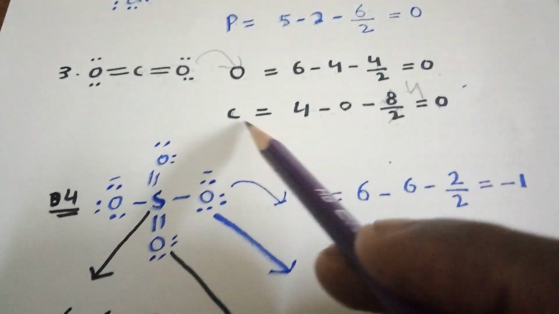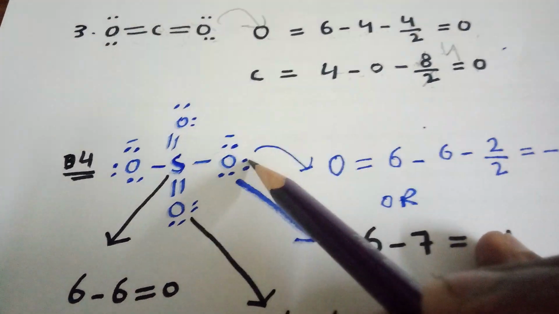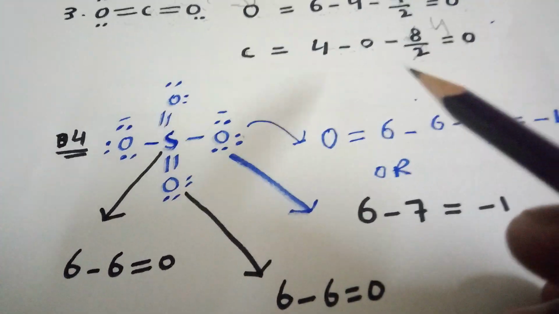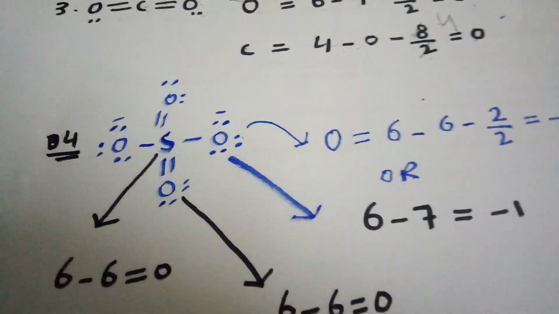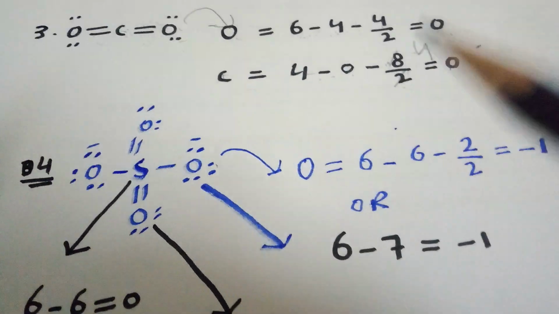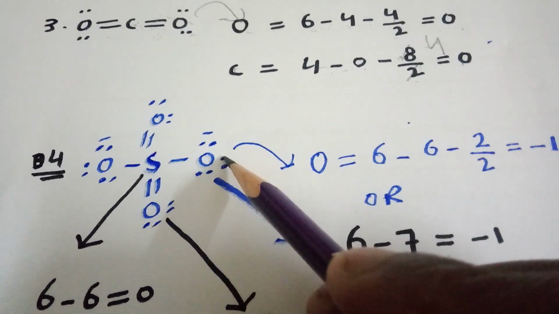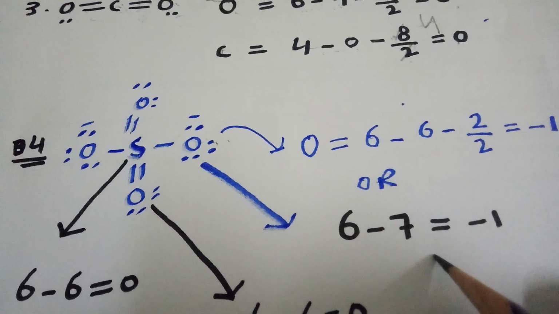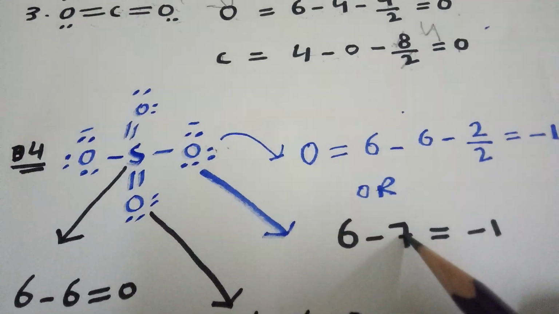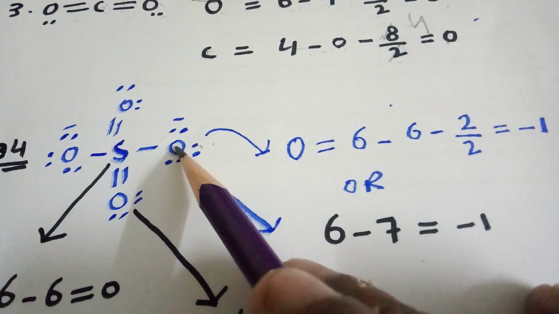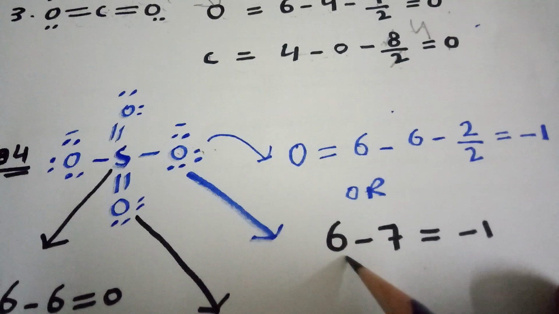Again, you can see here this is the sulfate ion. Another possible way to find the formal charge of this oxygen is this way. For example, this oxygen's valence shell contains 6 electrons.